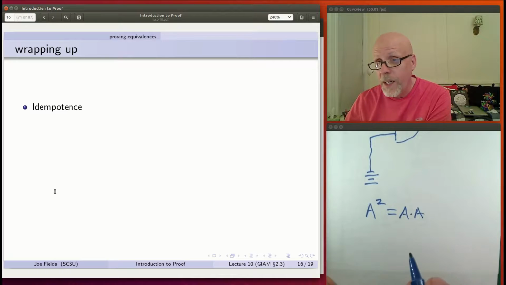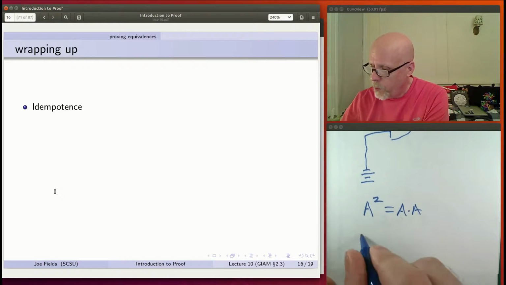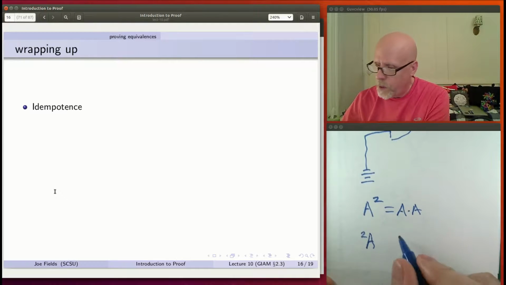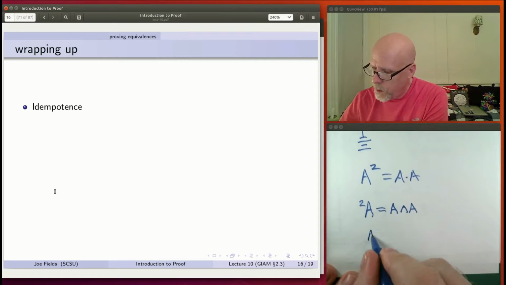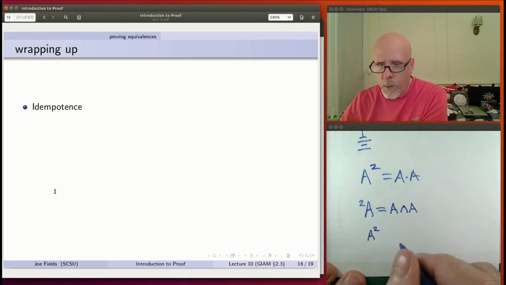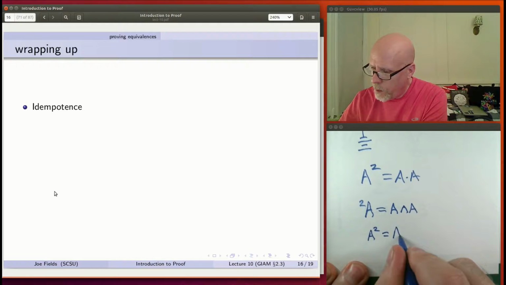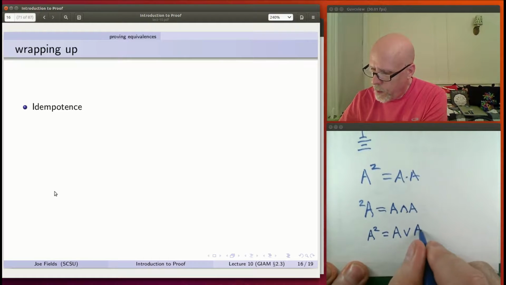So really, I could probably define 2 different kinds of squaring. Maybe I do a 2 on the left, but still in the subscript notation, I'd call that the meaning of A and A. And perhaps 2 subscripts on the right would be A or A.